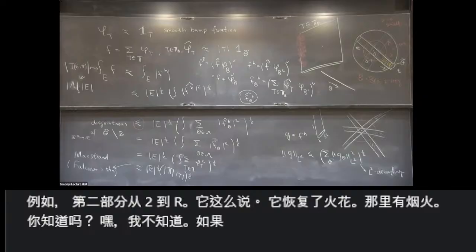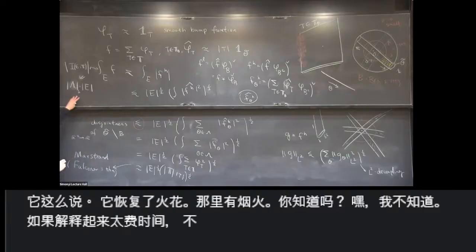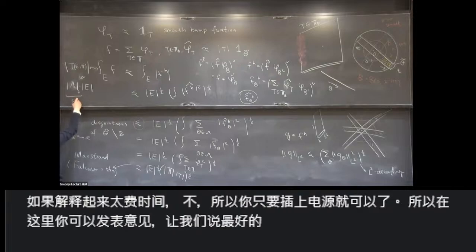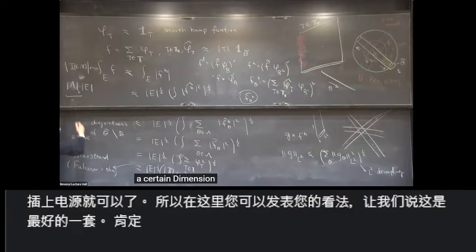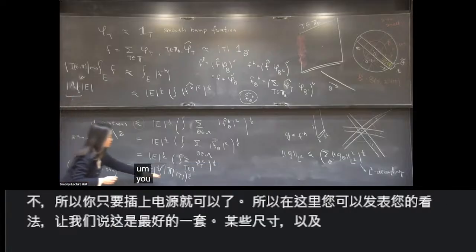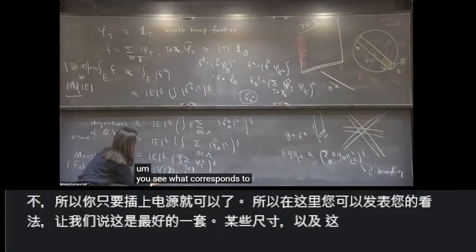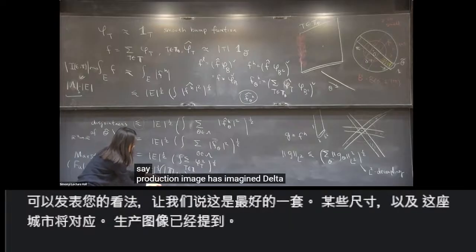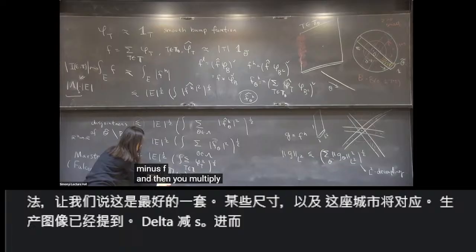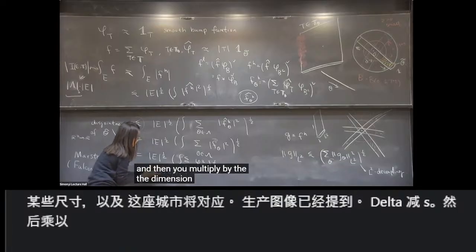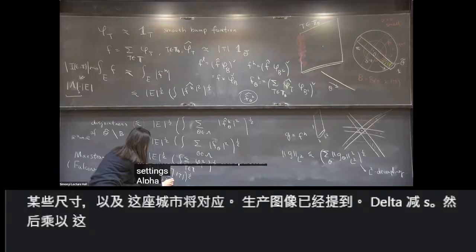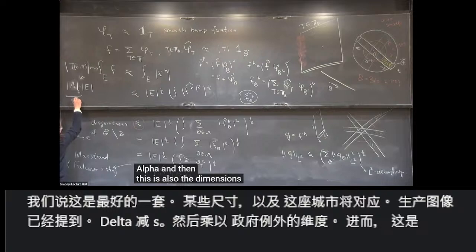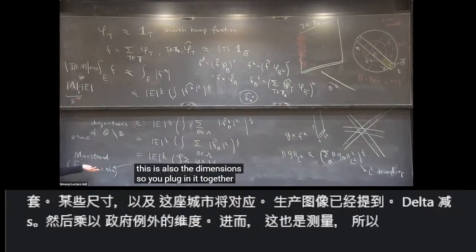It would take too long to explain. You just plug in. Let's say the bad set has a certain dimension, and this T will correspond to the projection image having dimension delta minus F, and then you multiply by the dimension of the exceptional set, say delta minus alpha, and then you plug in and figure it out.